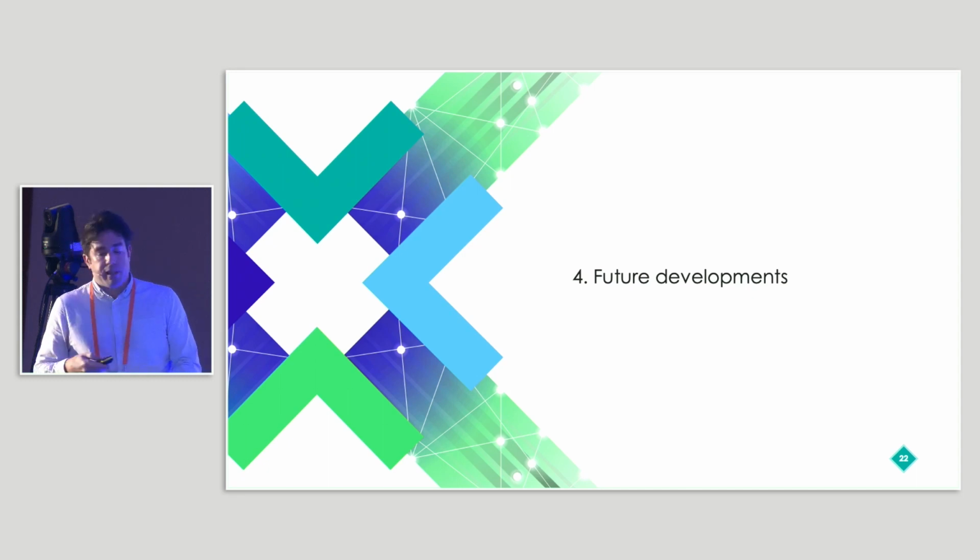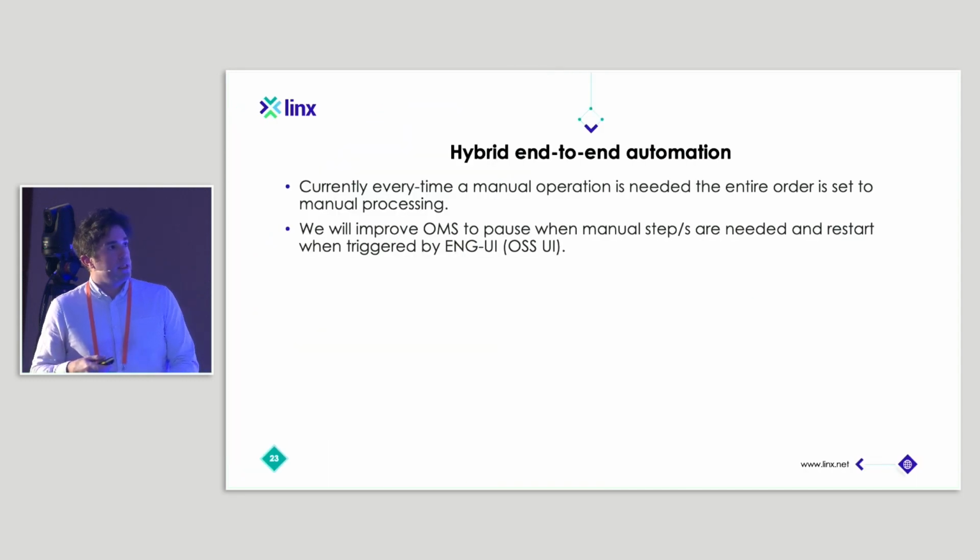On future developments, as you could see, a lot of those orders were going on manual processing, which is not ideal, because ideally we want to do as much of the order as possible automatically and then just do the manual part separately.